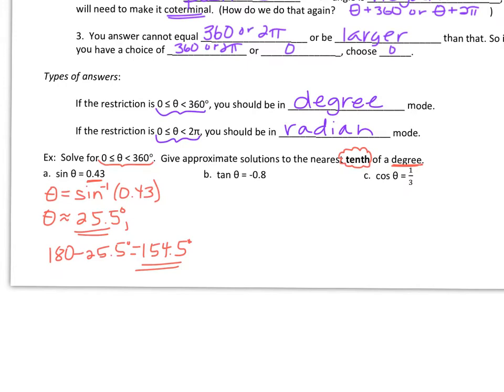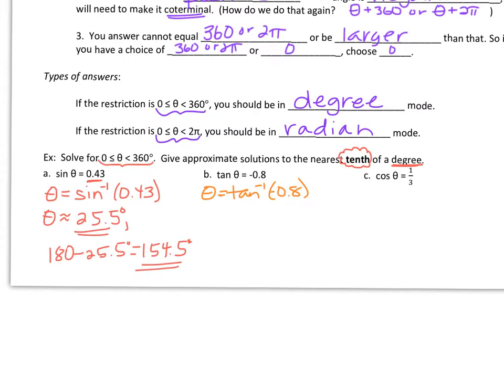Let's try the next example. The next one's going to be interesting, so make sure to follow along. Tangent theta equals -0.8. So that's again not one of our fractions that were specific on the unit circle. That means we're going to plug this in to our calculator. And what makes this answer unique is that if tangent has a negative decimal, your angle is also going to be negative. So here's what we do.